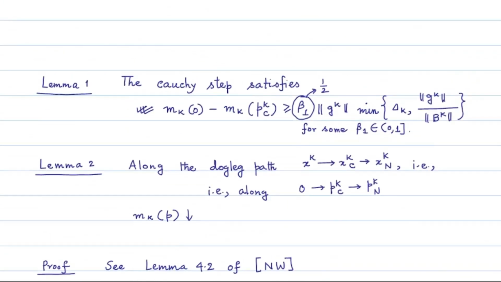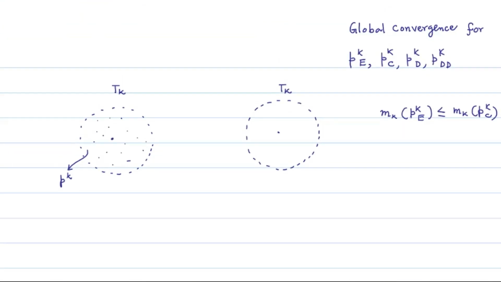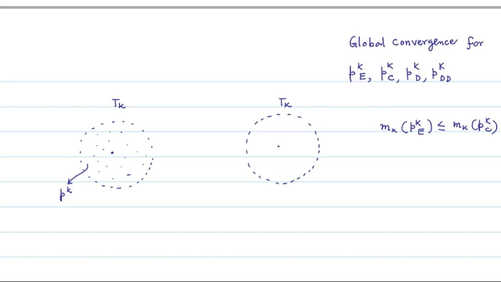And therefore, we can eventually take any of the points inside the trust region in the dogleg path after the Cauchy point. So we consider any pk in between this Cauchy point till this intersection of the line segment joining pkc and pkn.